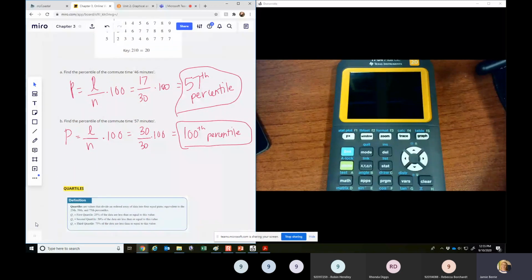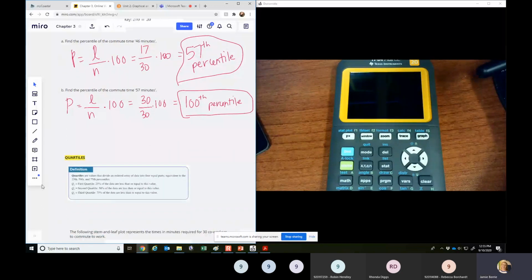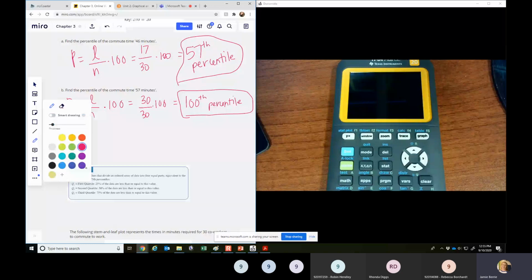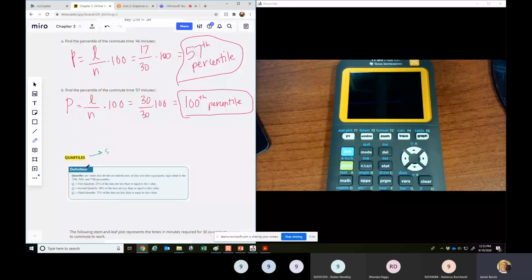All right, now we need to talk about quartiles. Quartiles are just special percentiles. They're basically just percentiles that have special names.